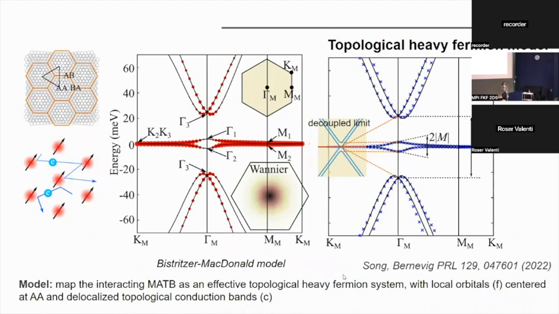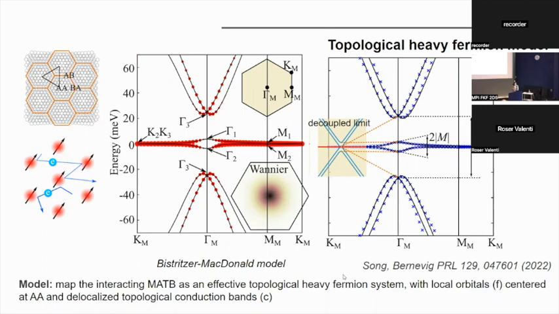We know that there is a model which describes very nicely the physics of magic angle twisted bilayer graphene, which is the Bistritzer-MacDonald model. However, this model is done in the continuum. It is heavily topological, so there is the band inversion at the gamma point.